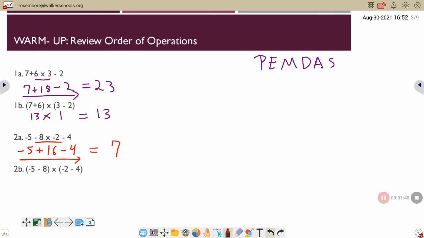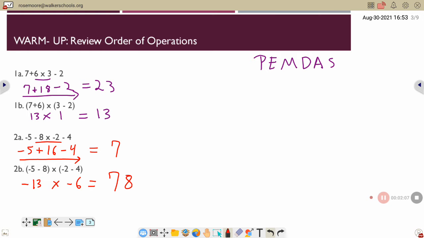But if we add parentheses, that means we're combining negative 5 with negative 8. So that will be negative 13. Multiplying it times negative 6 from that negative 2 minus 4. And negative 13 times negative 6 is the very different positive 78.